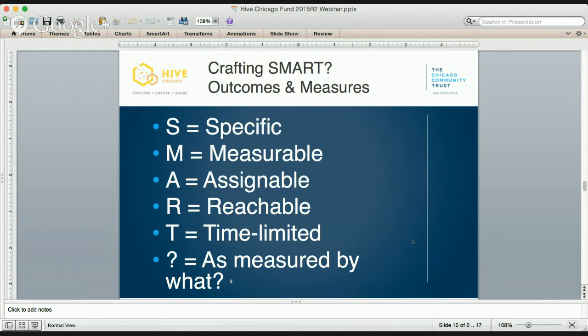There are some variations in that. Some people say A could stand for aggressive or achievable or whatever. But for this purpose, we're going to use assignable because, especially with different partners, that's really important.